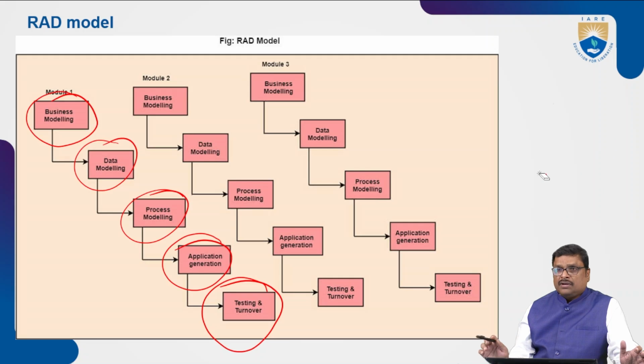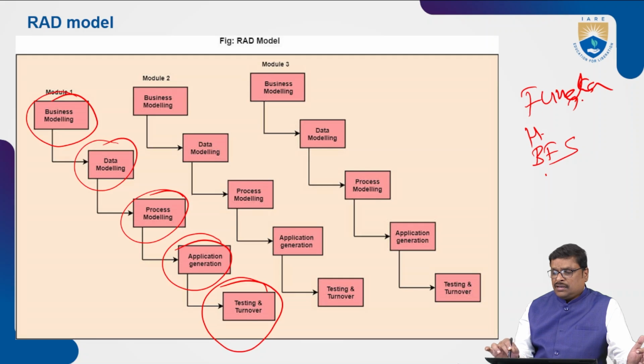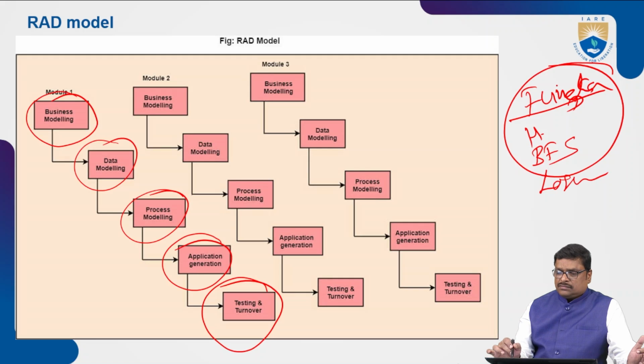Suppose, for example, we are developing a solution for a healthcare product, or a solution for BFS, the banking and finance sector. These are different functional domains, like BFS, healthcare, and logistics.